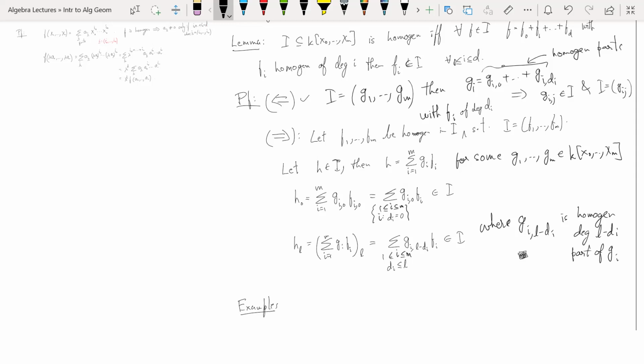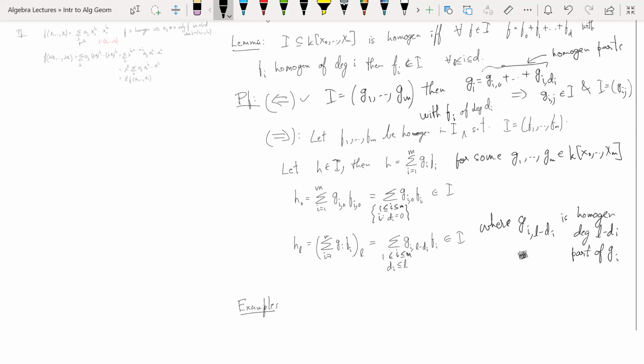You can write G_i as the sum of various homogeneous degree pieces, so you just look at the L minus d_i piece. And that sum is basically H_L. So that again belongs to I. So we have proved that each H_L is in I.